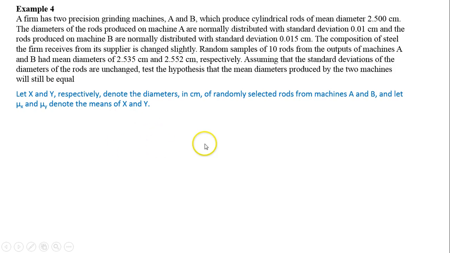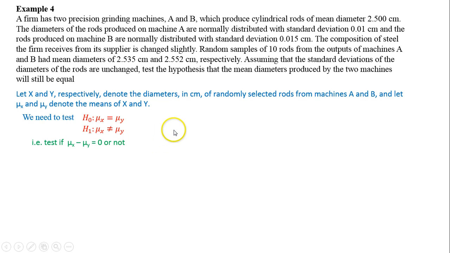So let x and y respectively denote the diameters of randomly selected rods from machines A and B. Let mu x and mu y denote the means of x and y. We need to test, are the means equal against are they not equal? So it's going to be two-sided. If we bring the mu y over, we need to test, is the difference in means equal to naught or not?